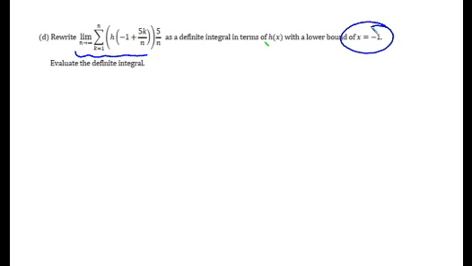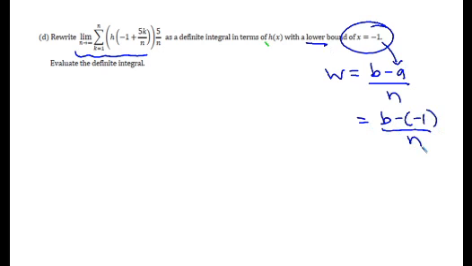So we're going to turn to our old friend again. The width equals b minus a over n. This is the lower bound, so I'm going to put it in for a. So that's going to be b minus (-1) over n. And look what it's equal to. It's equal to my 5 over n.